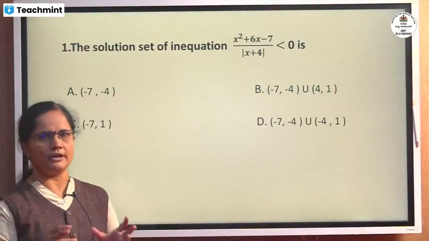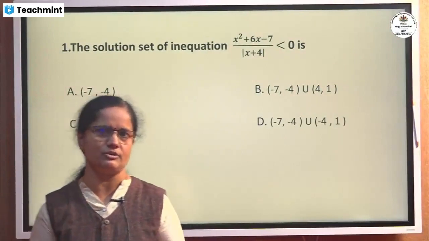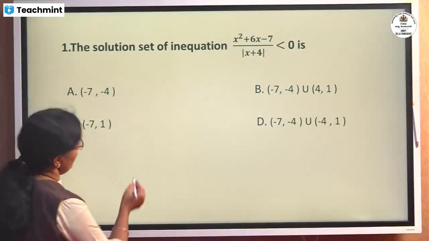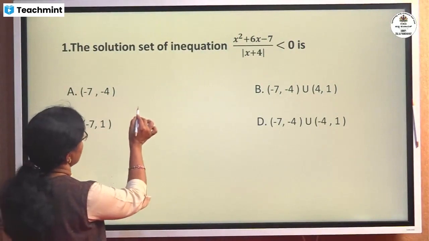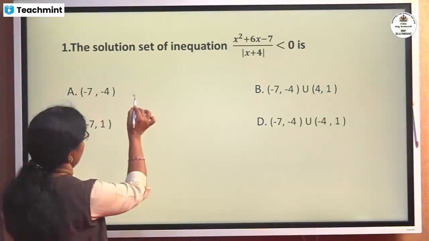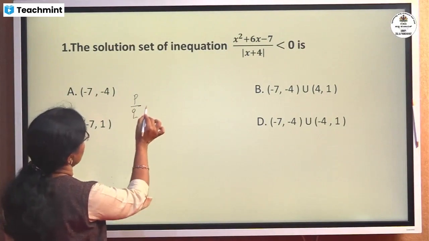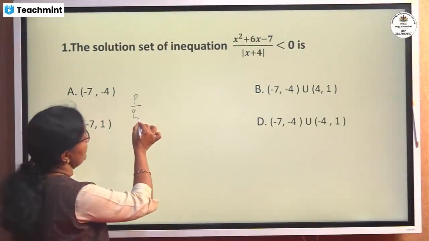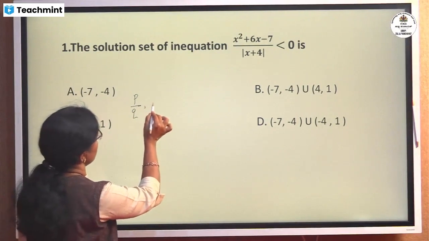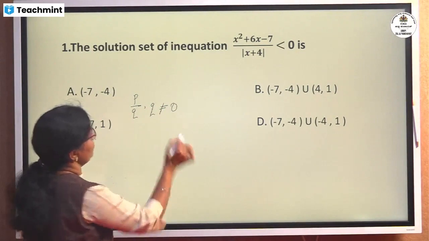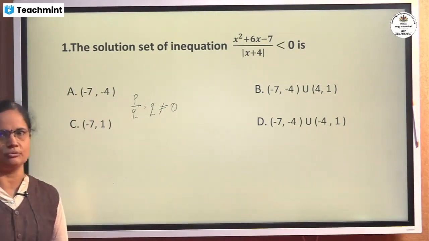We have to find which option is right. Here the question is in rational form. While writing a number in p by q form, you must always apply the condition q is not equal to 0.